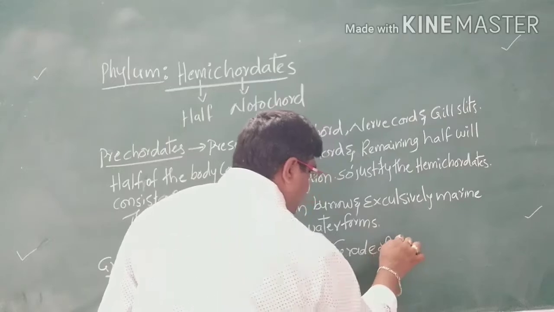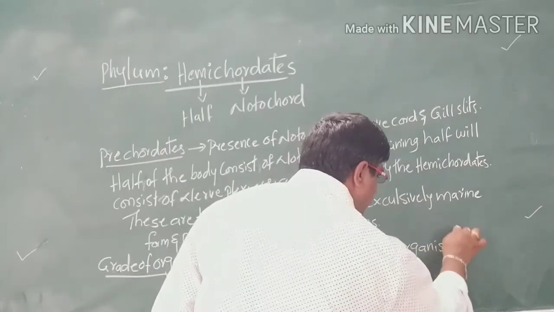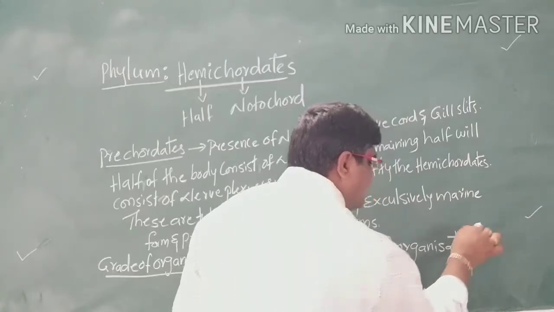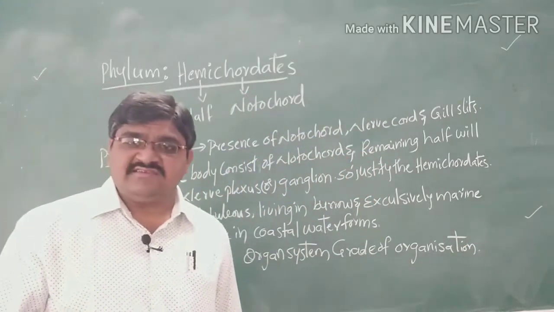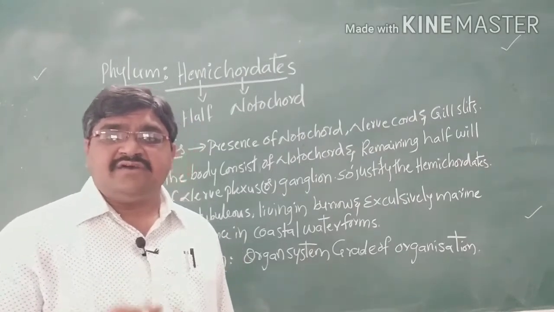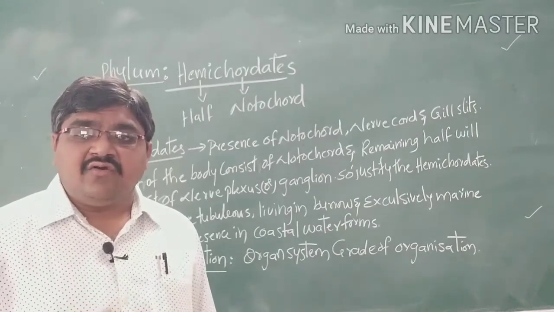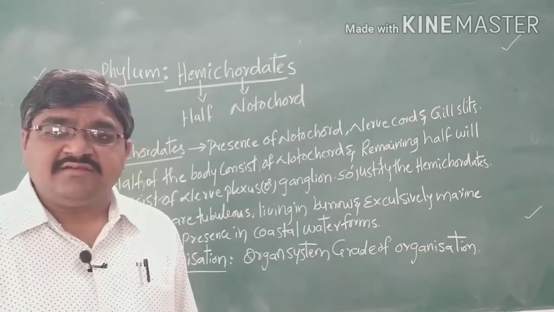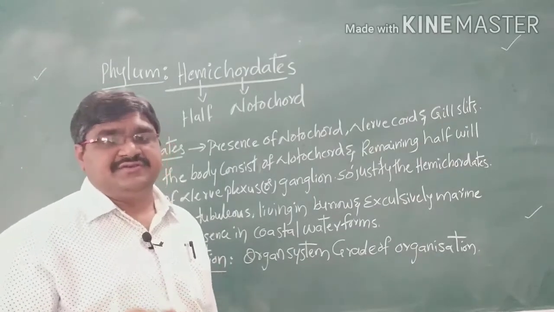That is, all organs are combined to form organ systems, and organ systems perform specific functions in the body of an organism, so we call this the organ system grade of organization.